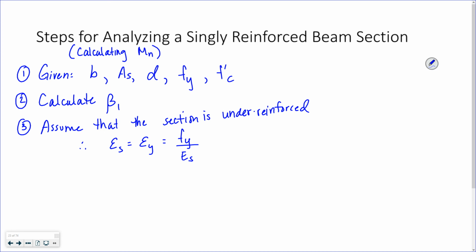And we're also going to assume that the strain in our concrete in the very outermost compressive fibers is equal to the ultimate compressive strain of concrete, which is 0.003.